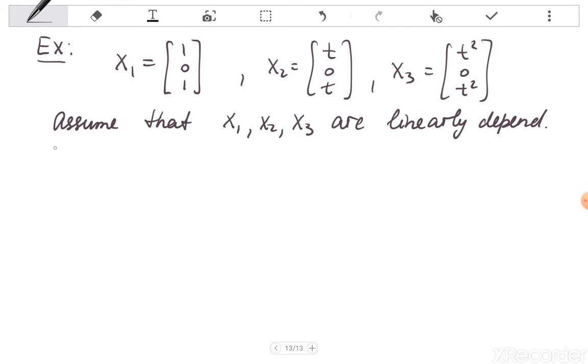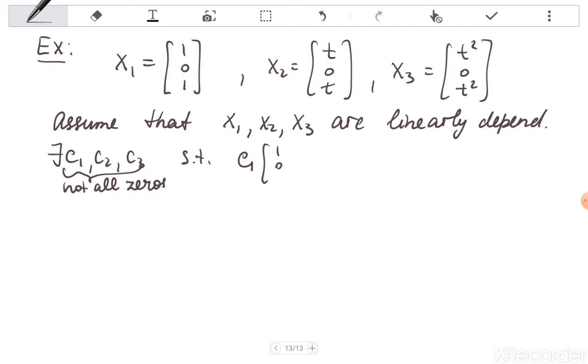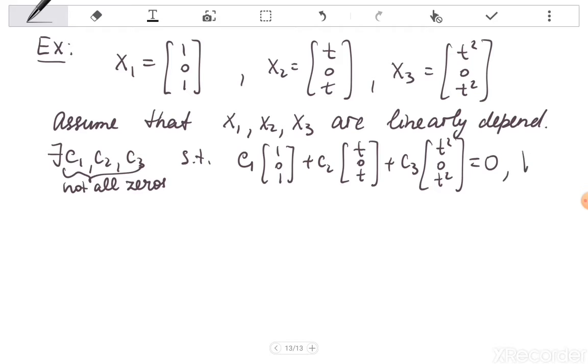It means that there are C1, C2, C3, which are not all zeros, such that C1 times (1, 0, 1) plus C2 times (t, 0, t) plus C3 times (t squared, 0, t squared) is 0 for any t. This means linearly dependent. And if we just calculate the first row, we get C1 plus C2 t plus C3 t squared is 0 for any t.